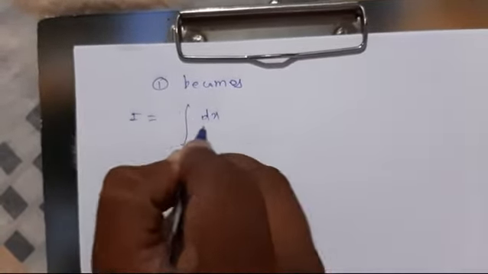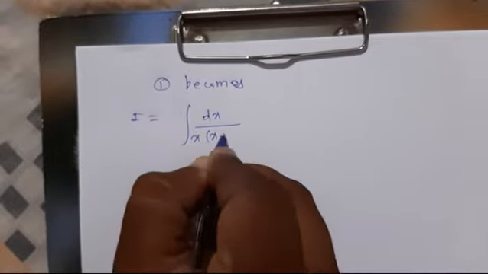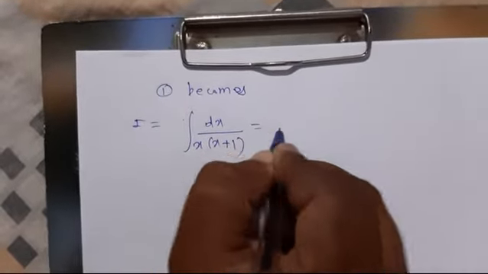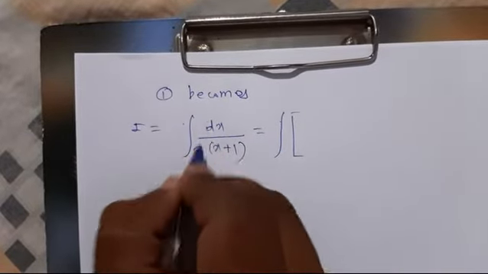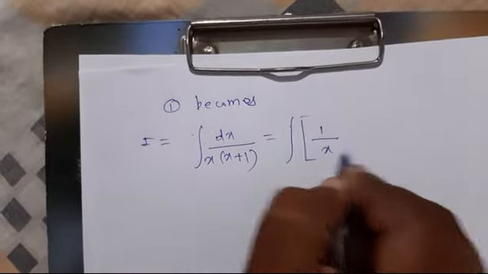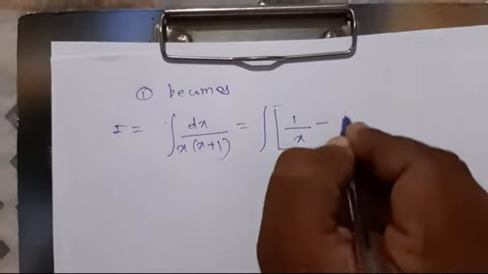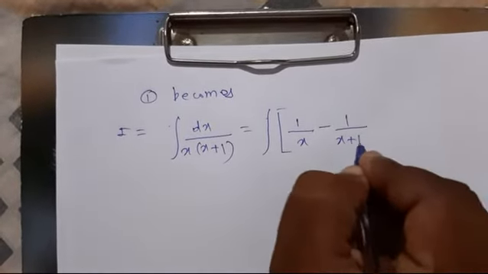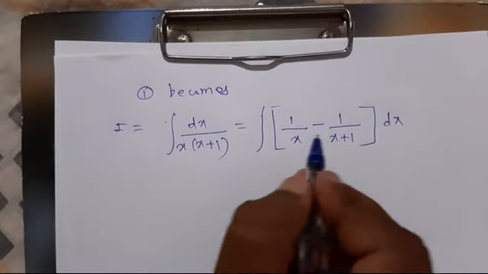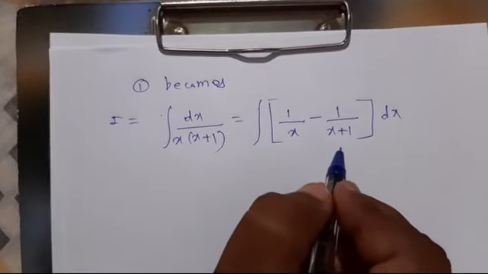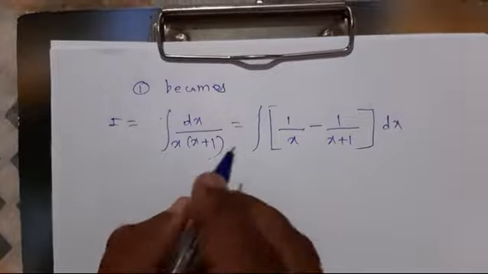integration of dx upon x into x plus 1. So this becomes integration of the partial fraction of this integrand, 1 upon x minus 1 upon x plus 1 into dx. So here we have two terms. So I will apply integration separately to both the terms.